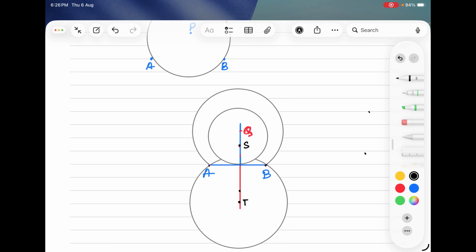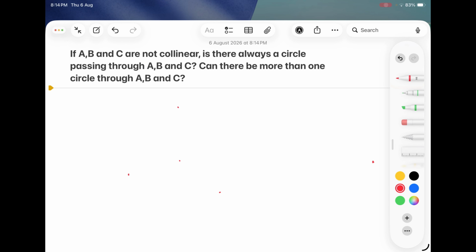This circle has center T and passes through both points A and B. So we have seen that you can draw more circles which pass through both A and B.